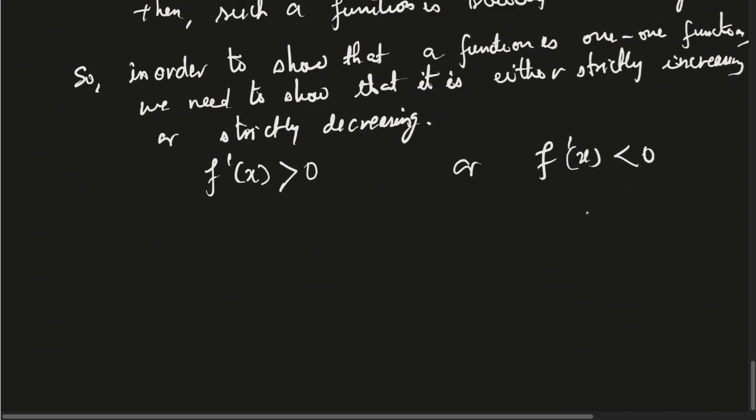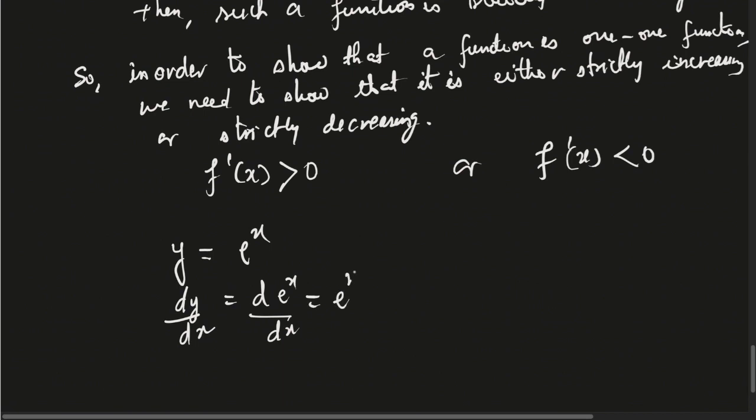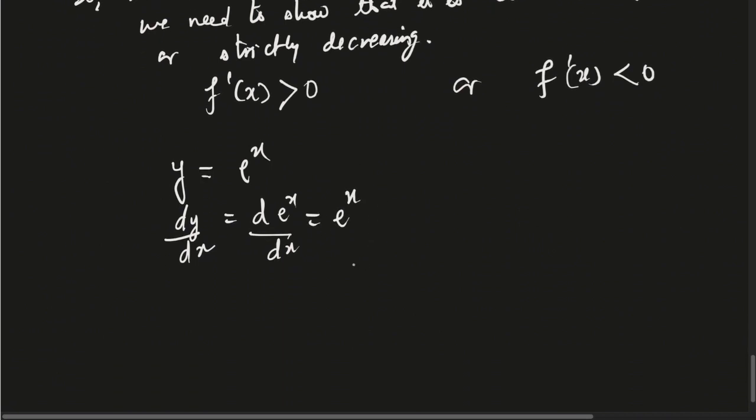So let us take an example. Let us take a very simple example, y equals e to the power x. Now f dash x, this means the differentiation of y with respect to x, will be d e to the power x upon dx. This comes out to be e to the power x only. So you can see that e to the power x is always positive.